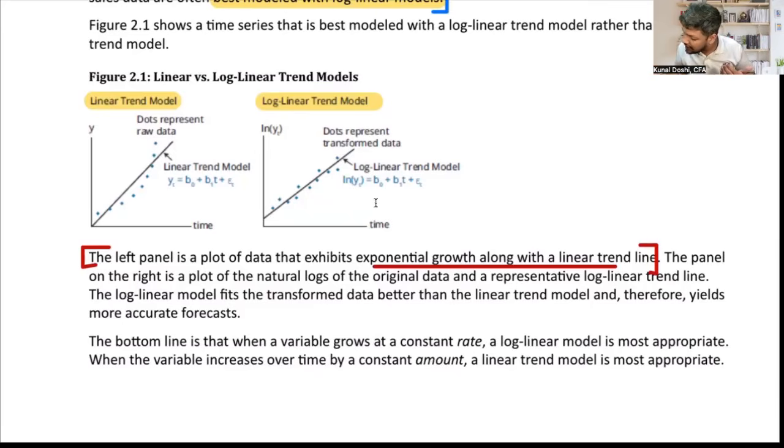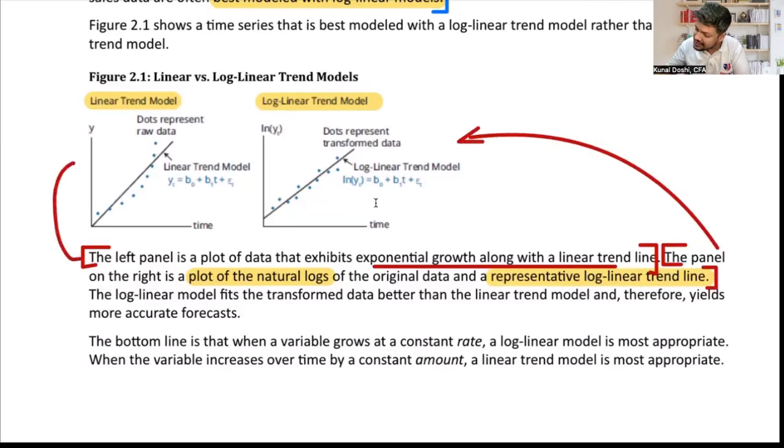So the panel on the right is the plot of the natural logs of the original data and a representative log linear trend line. So this part is a log linear trend line and this is the linear trend line, correct? Which is a better model? If there is an exponential growth trend, then which one is more fit and accurate?